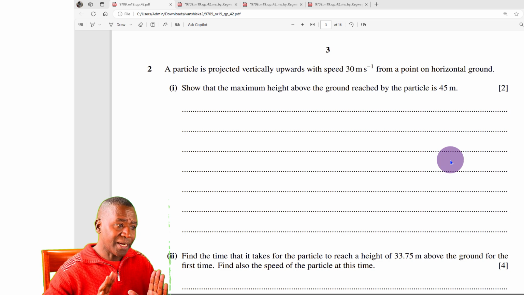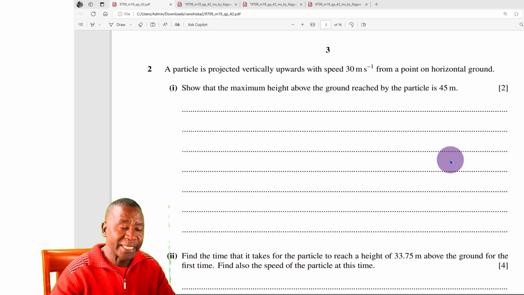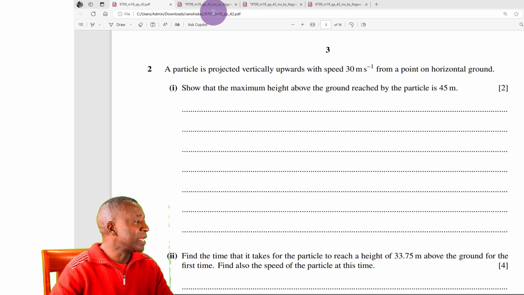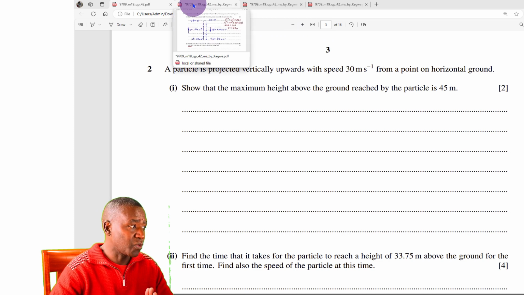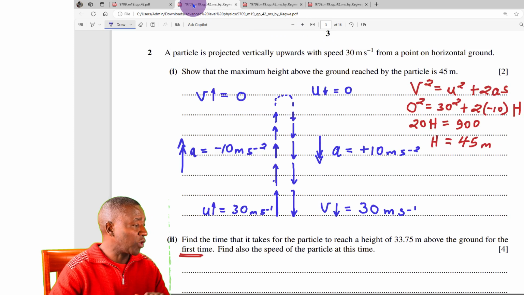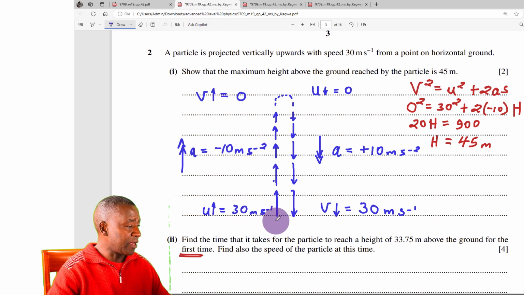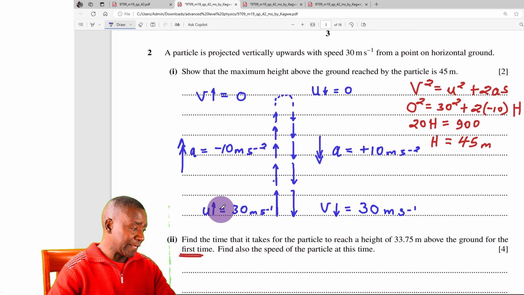With those few points in mind, let's see what I've been able to work out as far as this question is concerned. So first of all, I've tried to describe this motion by using this diagram. So the initial velocity vertically upwards, 30 meters per second.